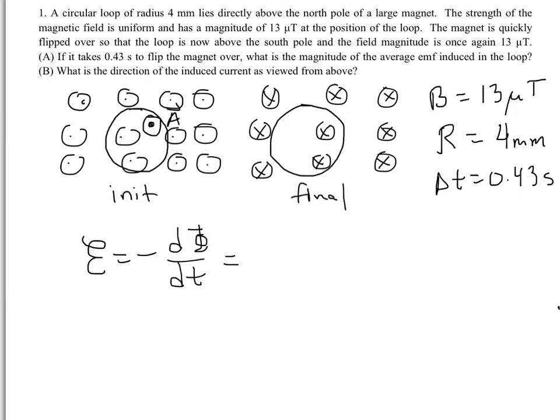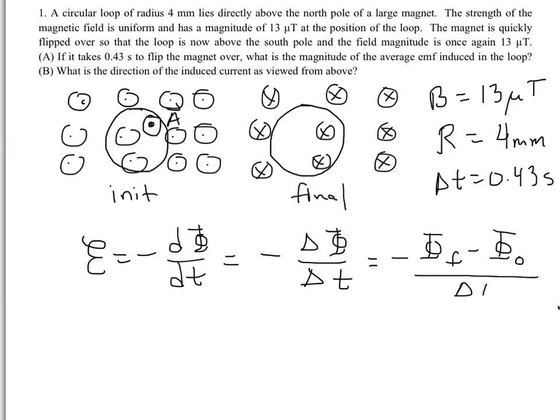Since we're given a finite time period and we're asked about the average, it will be the delta phi, the finite change in the magnetic flux, divided by the delta t. So now we just have to figure out the initial and final fluxes. So this will be minus the final flux minus the initial flux over delta t.